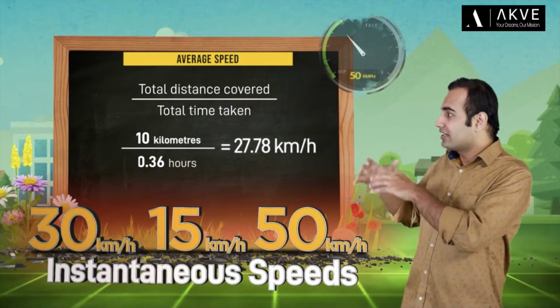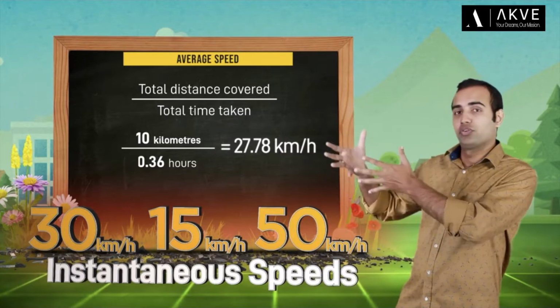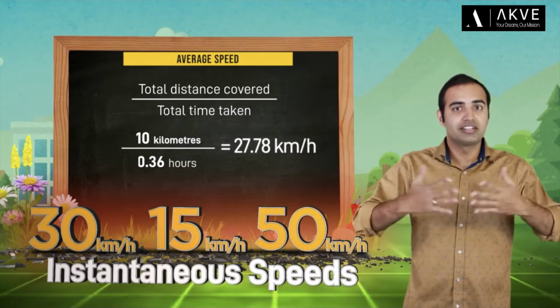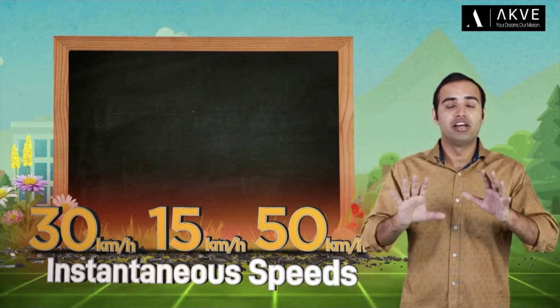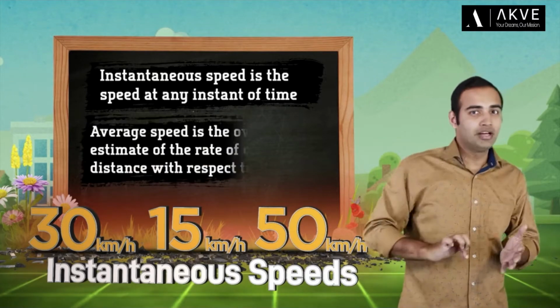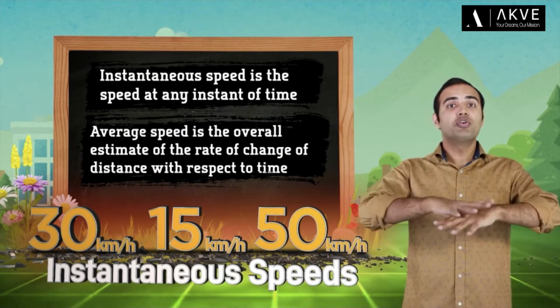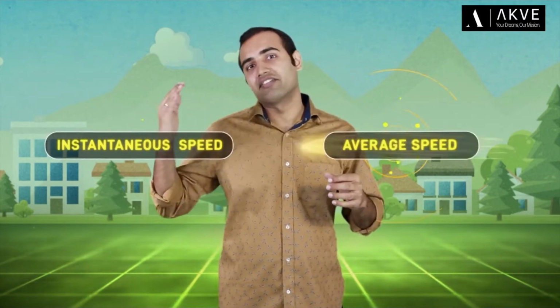So you can see that here the instantaneous speed values are clearly different from the overall average. So from this we can understand that instantaneous speed need not be equal to average speed at all, because instantaneous speed is the speed at any instant of time, while average speed is the overall estimate of the rate of change of distance with respect to time. So I hope you are clear about the difference between instantaneous and average speeds.